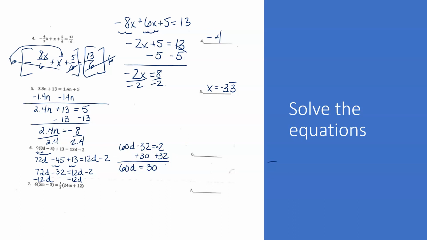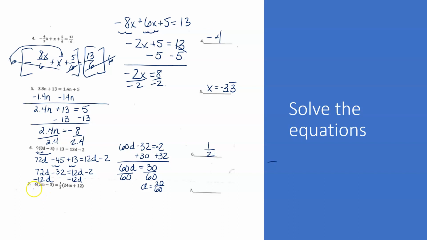I want you to be super careful here of what you divide with. So we're dividing with what's in front of the d. So d is 30/60ths, which if you simplify is 1/2. So be careful with problems like that.